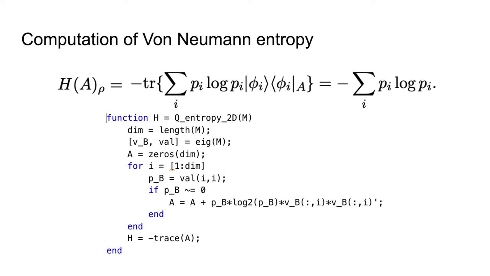With these eigenvalues and eigenvectors, we apply the formula that we see at the top of the slide, which computes the sum of all these matrices times the eigenvalues, and finally we compute the negated trace.